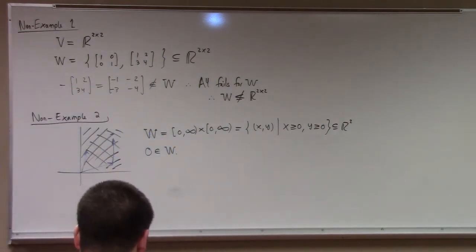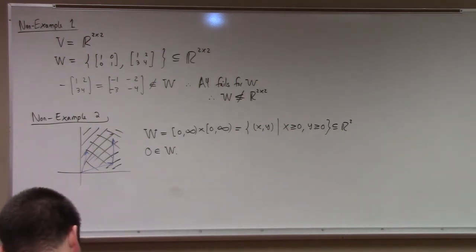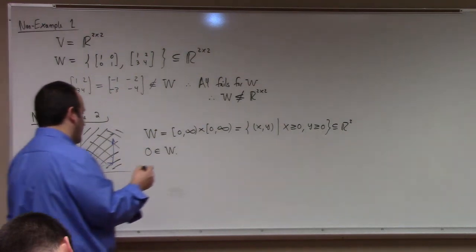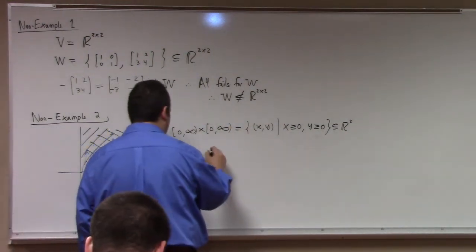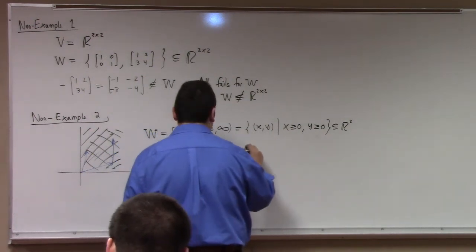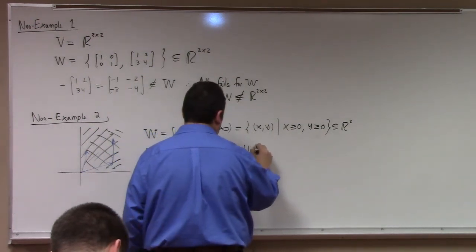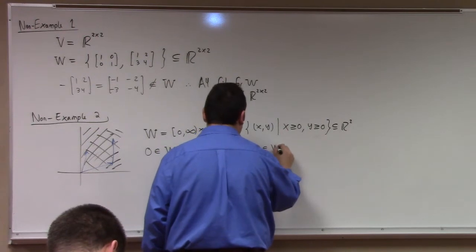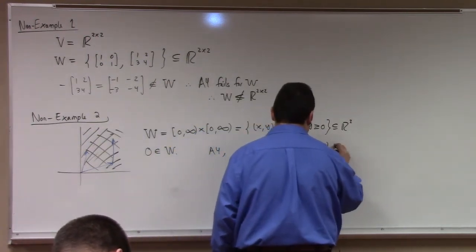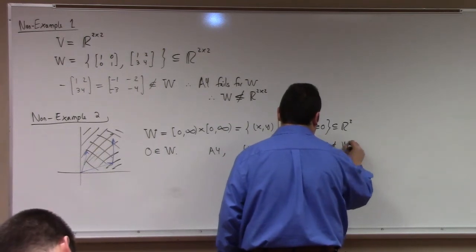So which axiom fails? How about this? Yeah, it's axiom 4 again. If you look at (1, 1), this is an element of W, but minus (1, 1) is not an element of W, right?